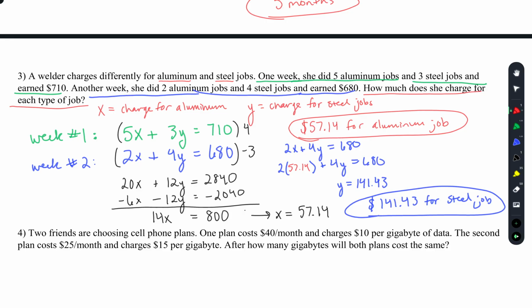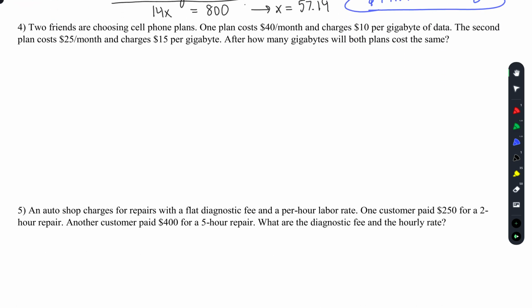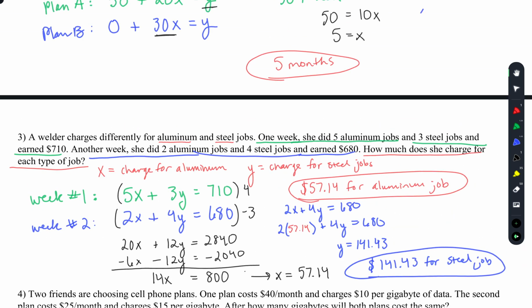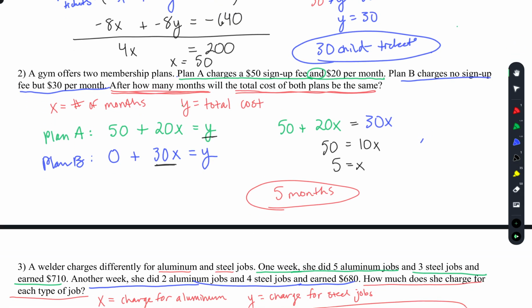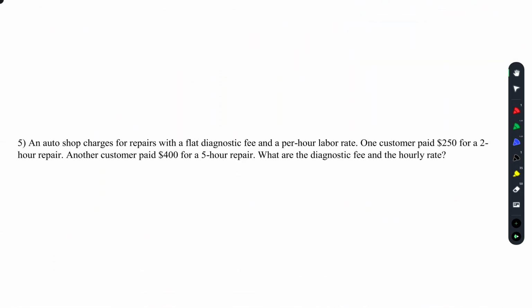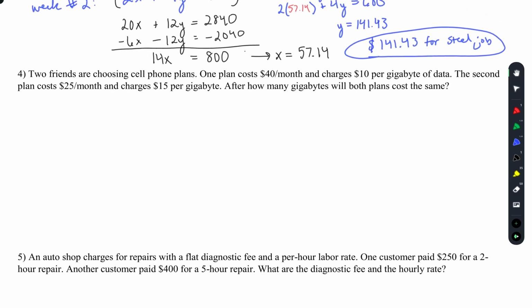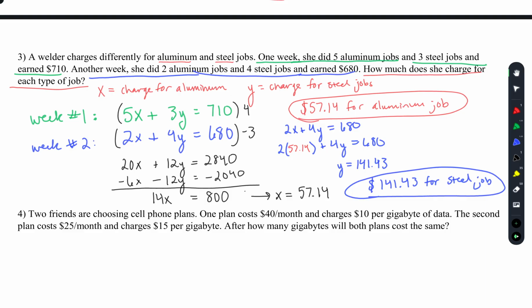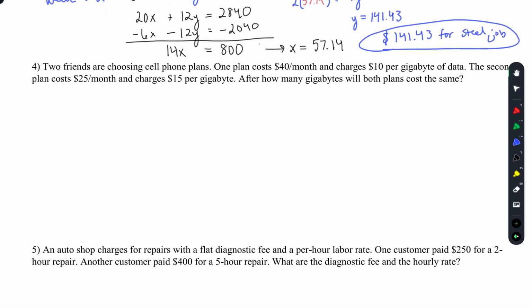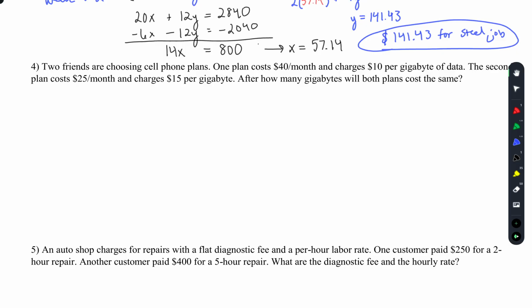So why don't you guys go ahead and try these guys? They're very similar. So two friends doing cell phone plans, very similar to the gym membership one. And then this one, auto repair shop, that's very similar to this last one we did. Okay. So try at least. The setup is usually the hardest part. And then see if you can come up with it.